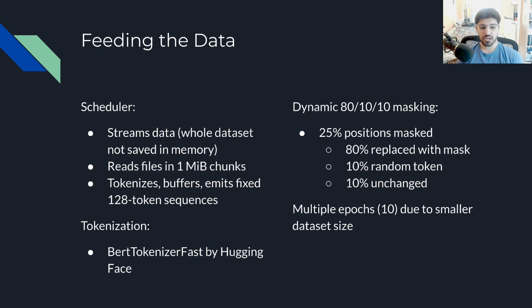The masked tokens have an 80% chance of being replaced with a mask, which means they will be removed completely, a 10% chance of being replaced with a random token, and a 10% chance of remaining unchanged. Another difference compared to the Cramming paper is that I will use multiple epochs due to the smaller dataset size. In the Cramming paper, they trained the whole model in a single pass.